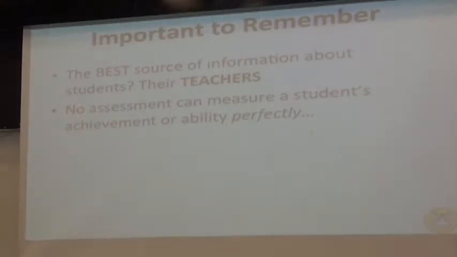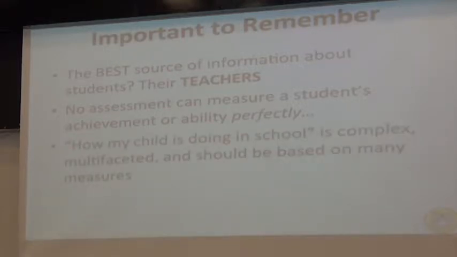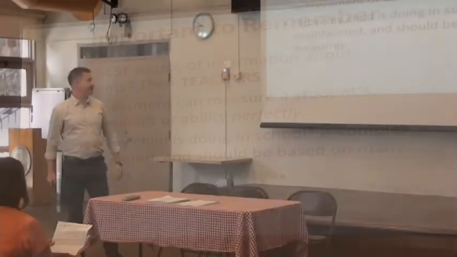No assessment can ever measure a student's achievement or ability perfectly. One of the things you'll notice on those MAP reports is they always have ranges. They do a pretty good job of identifying that we don't have perfectly fine-tuned answers. And this question, how my child is doing in school, is complex. It has lots of different factors, and it should be based on many different measures, not just grades, not just external achievement scores.